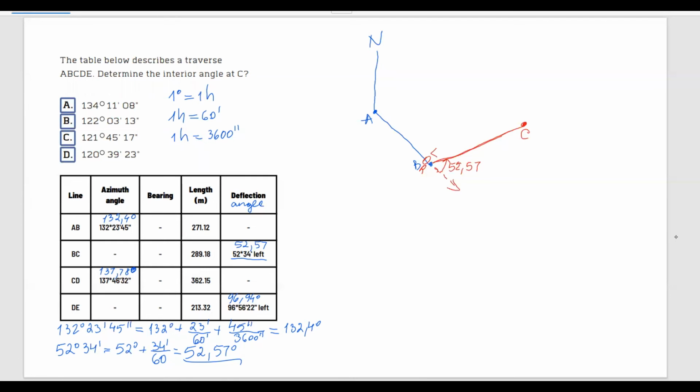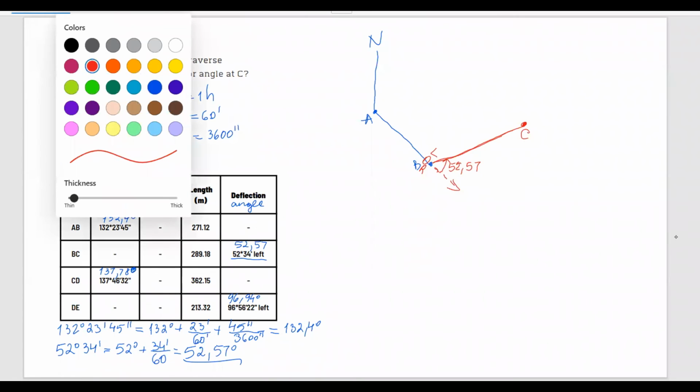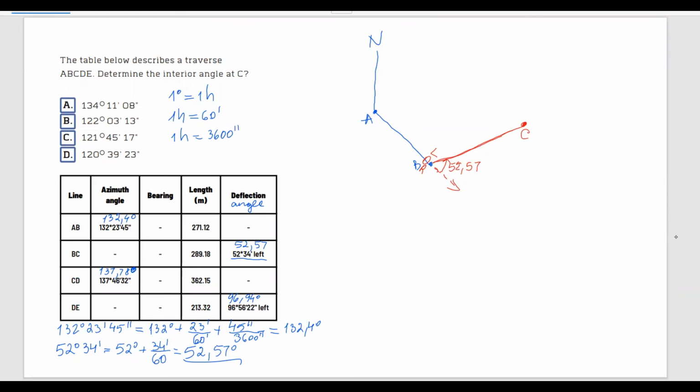Great. And now for CD, I have the azimuth, which is 137.78. So I can represent CD by starting from the north meridian again. Place it at C. And the angle is 137, so this is 90. Go a little bit below that. It's okay if you're not exact. You have to approximate anyway. So this is CD.